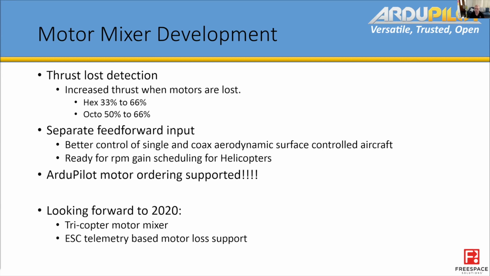Early on in the year we did thrust loss detection of the motors, where we look for significant slope across the thrust vectoring of the motors, which shows a strong bias towards one motor that is consistent with a serious thrust loss. And if we combine that with that motor maxing out, where we're actually short on thrust, so we're coming down and we don't want to be coming down, we go into this thrust loss detection state.